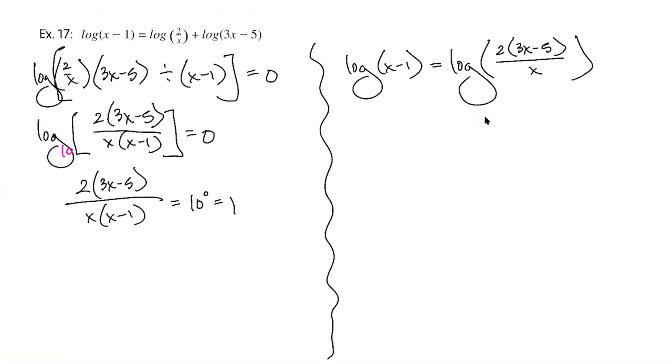I could get rid of the logs and go straight to an equation that looks like x minus 1 equals 2 times 3x minus 5 over x.